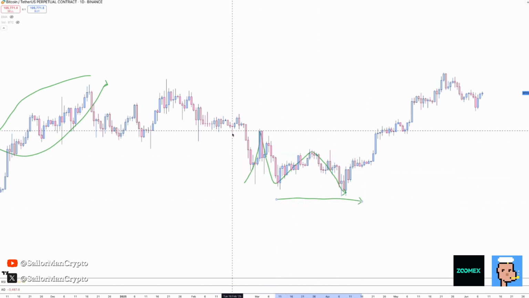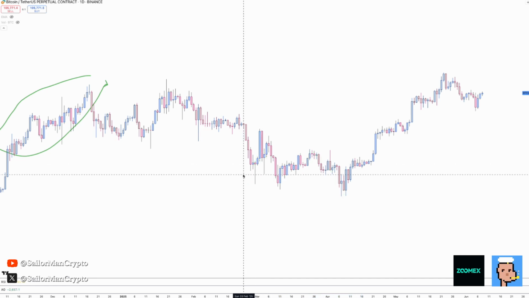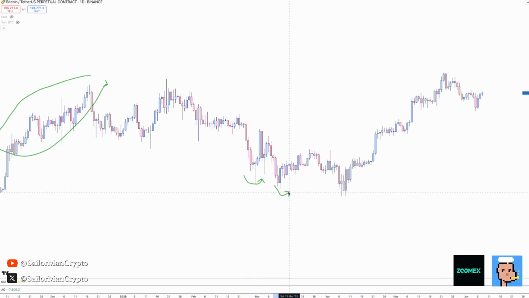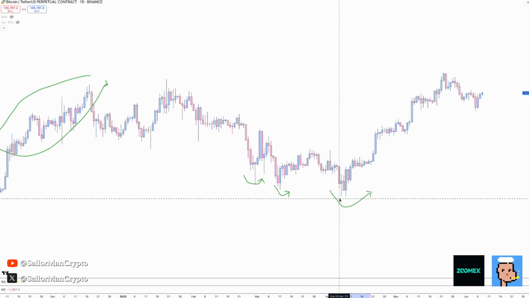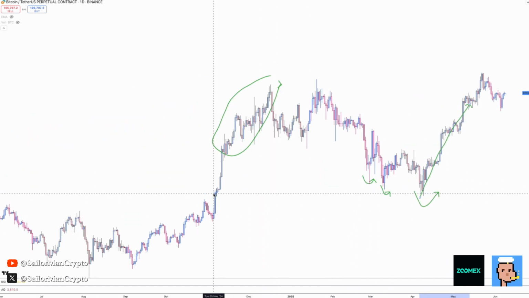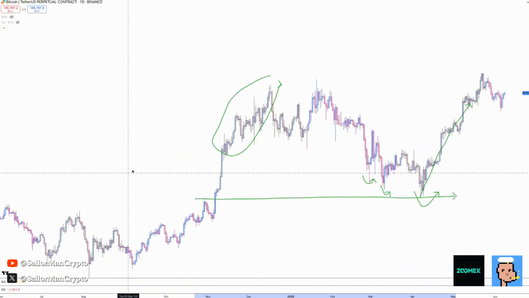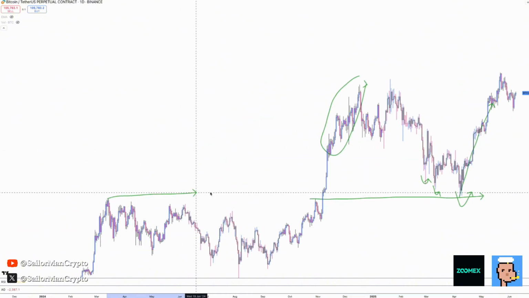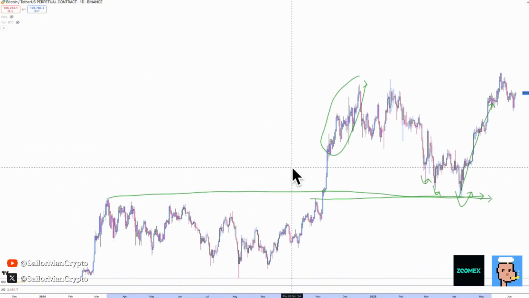So in this case the pattern worked out, because we did have technically the 3 drive, 1, 2, and 3, and they created the reversal. This also happened more or less at a well-known support and resistance level. As you can see here, was previous all-time high and so on.